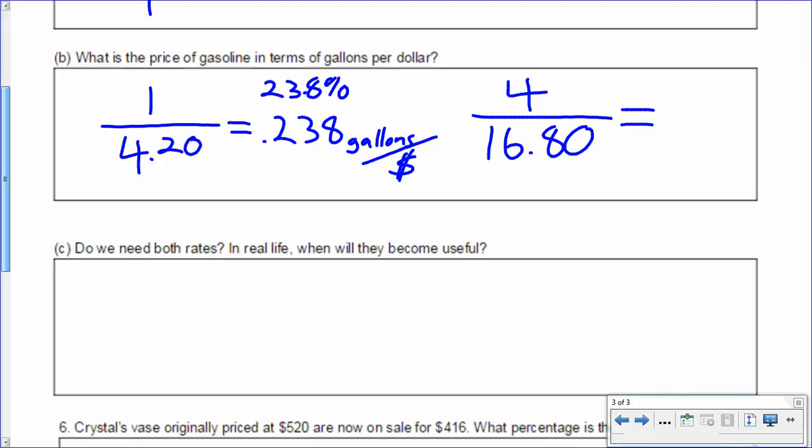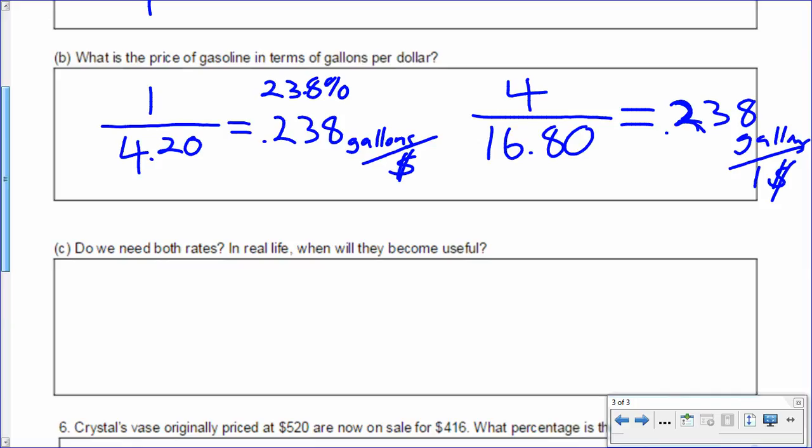So if we divide those 4 gallons by the amount that we paid, we should come up with the same answer. So let's try it out. 4 divided by 16.80, and you can pause and try it on your own. I suggest that. Don't trust the teacher. The teacher can make mistakes just like anyone else. Probably even more so than most people. And indeed, when we do the division, we get 0.238 or 23.8%. So that is 0.238 gallons we can buy with $1.